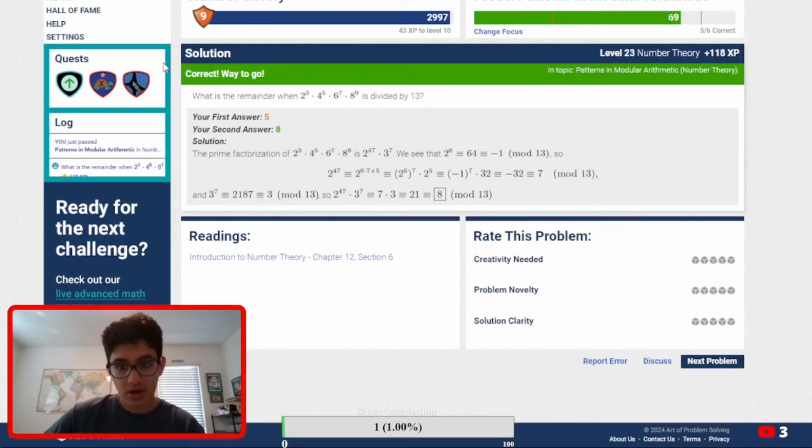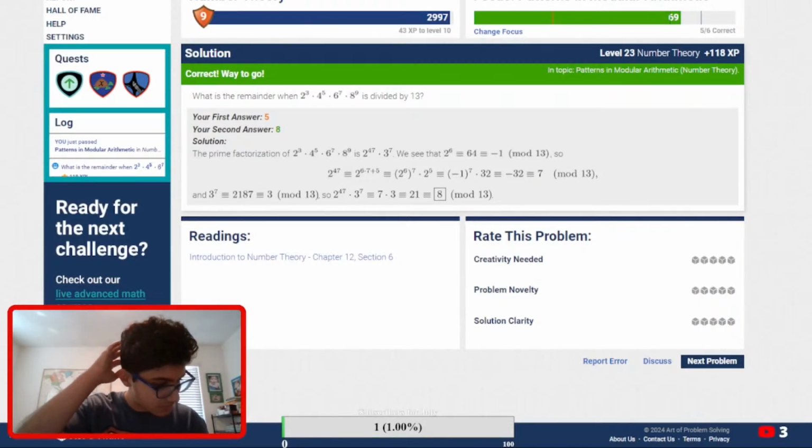Messed that up. Oh, it's negative 1 to the 7 times 32. So 3 to the 7th is nothing then, mod 13. Negative 32 is... Oh, wait, it was negative 96, right? 3 to the 7th is 3.